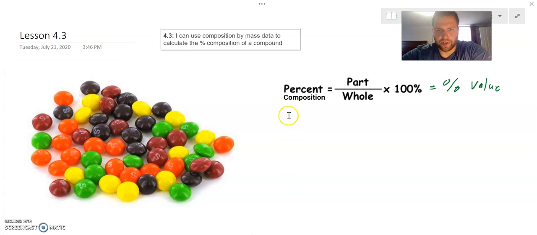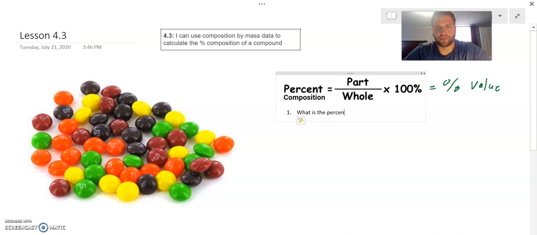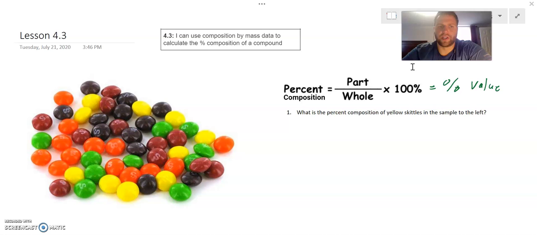All right, so here's the question we're going to answer now. What is the percent composition of yellow Skittles in the sample to the left? All right, so here's what the question wants us to do.